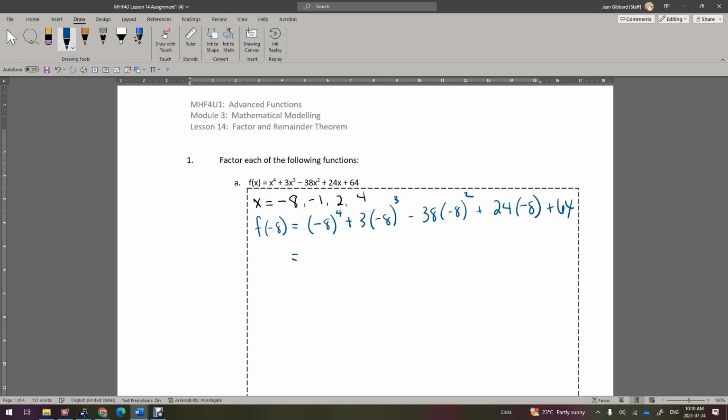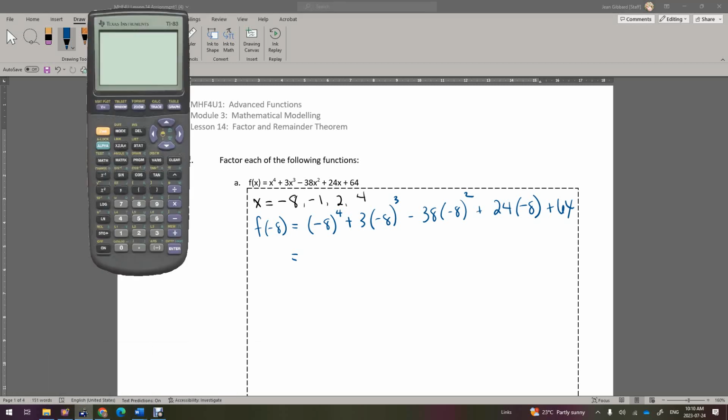Now I'm not going to do that by hand. I'm going to use technology, my handy dandy graphing calculator. So I'm going to clear this.